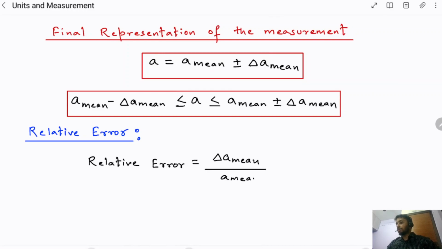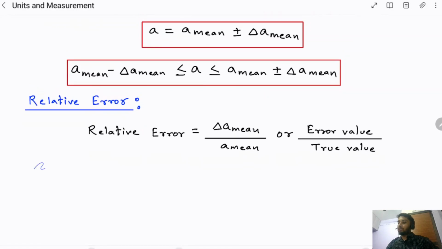Basically the mean absolute error by the mean value, or if the true value and the error values are known, then it is the ratio of the error value and the true value. Fine.